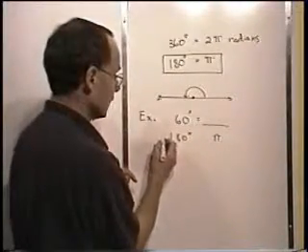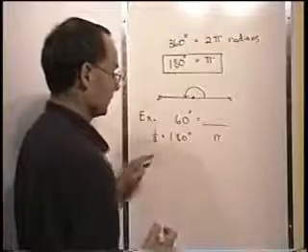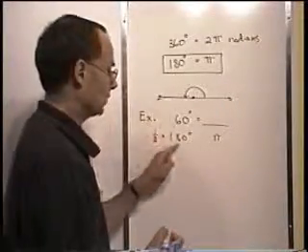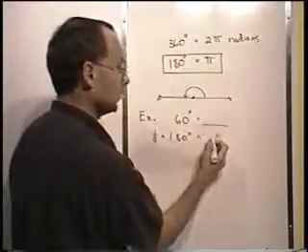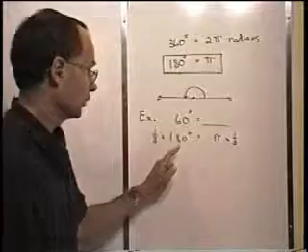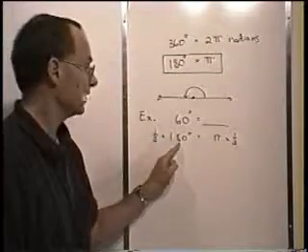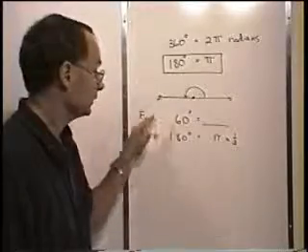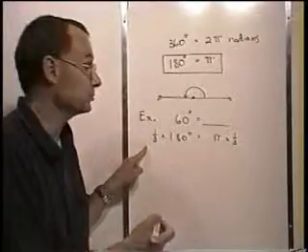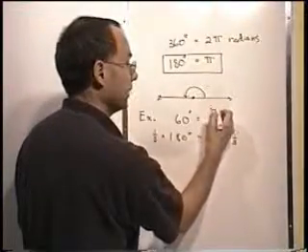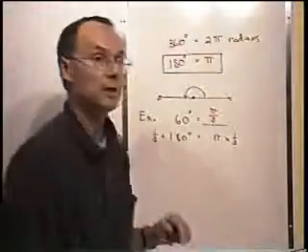Well, I could times it by 1/3. That changes the 180 to 60. So I've got to do the same thing on the right side of my equation. So in other words, to compare 180 to pi and convert the 180 to 60, I divided by 3 or times by 1/3. And so my answer in radians is pi divided by 3.